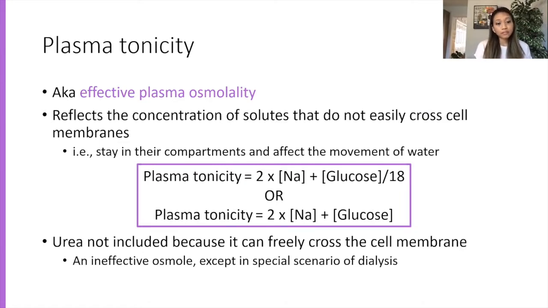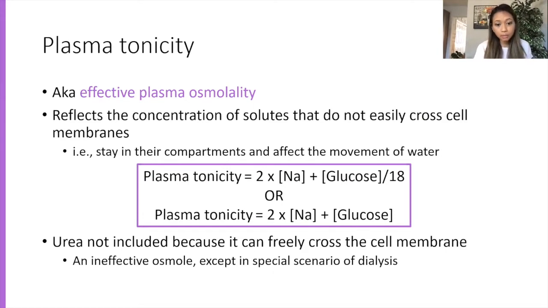So the effective plasma osmolality. You'll notice that it looks pretty similar to the plasma osmolality equation, but it doesn't include BUN. So this reflects the concentration of solutes that don't easily cross the cell membranes. They stay in their compartments, the sodium and the glucose, and affect the movement of water.